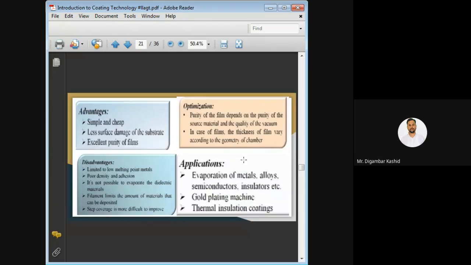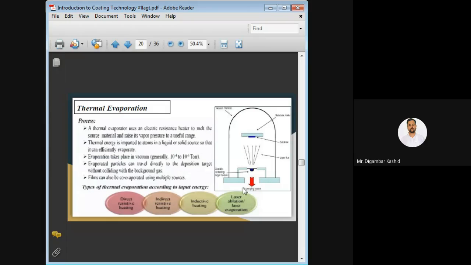Okay, so again in detail: in the first one, the evaporation material is directly evaporated by high electric current. So it is called direct resistive heating.